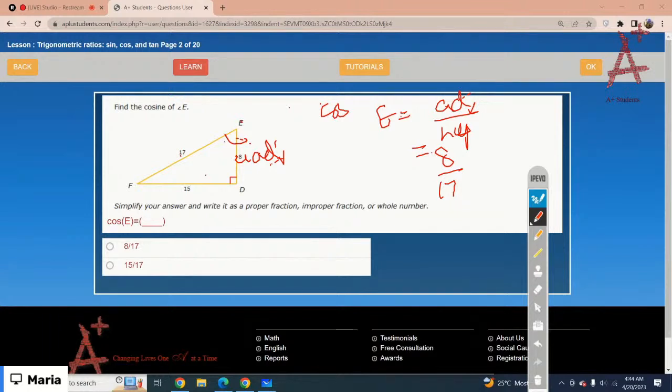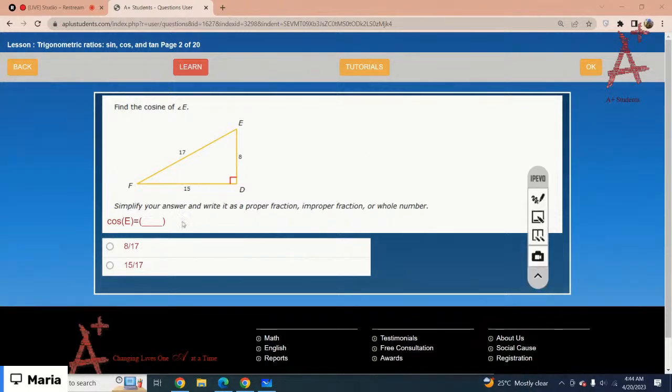So it is 8 over 17. The correct option is 8 over 17.